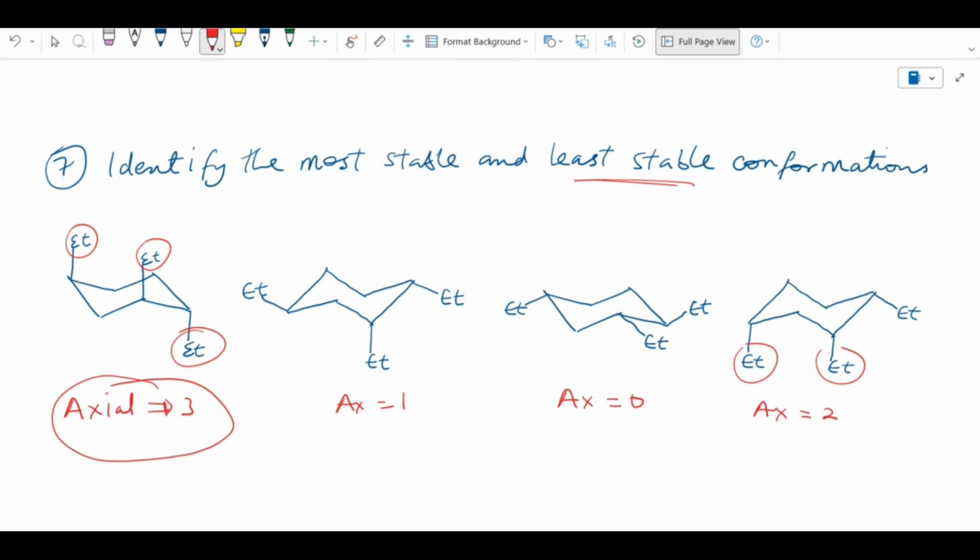So the least stable is going to be the first molecule, due to it having more ethyl or bulky groups in axial position. And the most stable is the molecule where there is no ethyl group, no bulky group in axial position. So this will be the most stable.